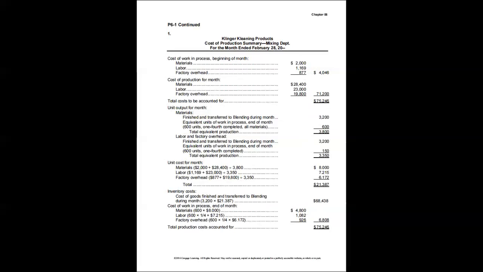the month of February. Now, this is problem 6-1, and make the journal entries for each month to record the cost of materials, labor, and factory overhead used in production and transfer of the finished units from the mixing to the blending department.